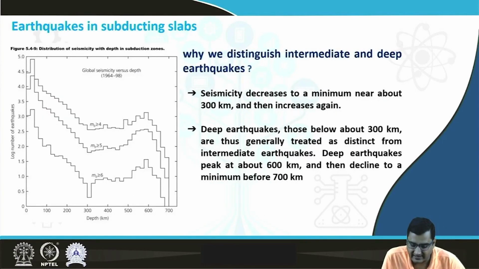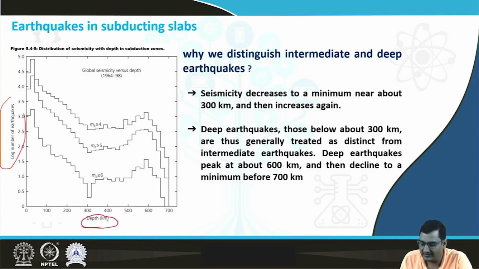Now look at this diagram which shows the distribution of seismicity with depth in subduction zones. So the question is why we distinguish intermediate and deep earthquakes. The y-axis represents the log number of earthquakes, and on the x-axis you have depth in kilometers.